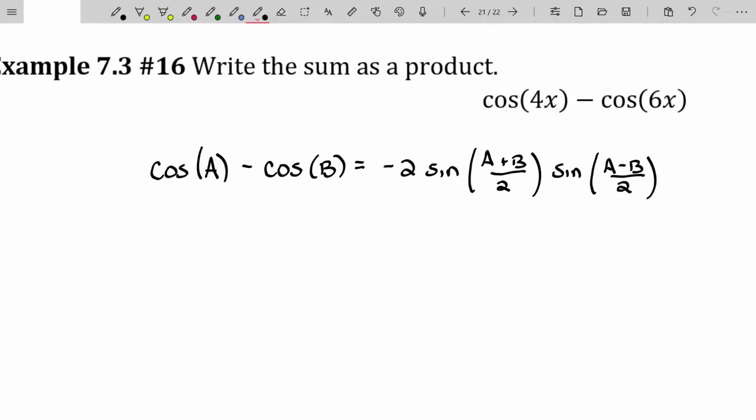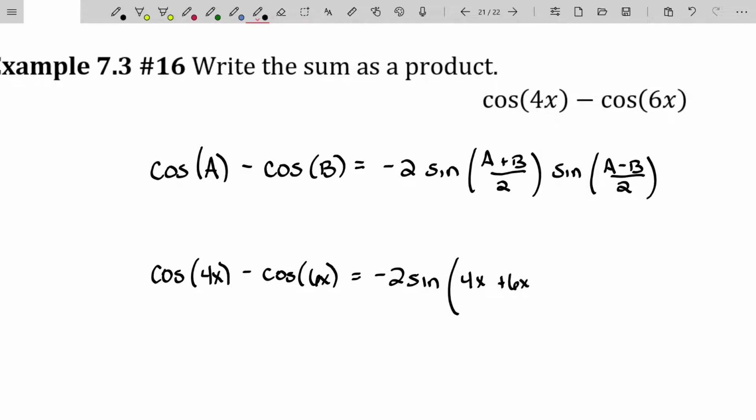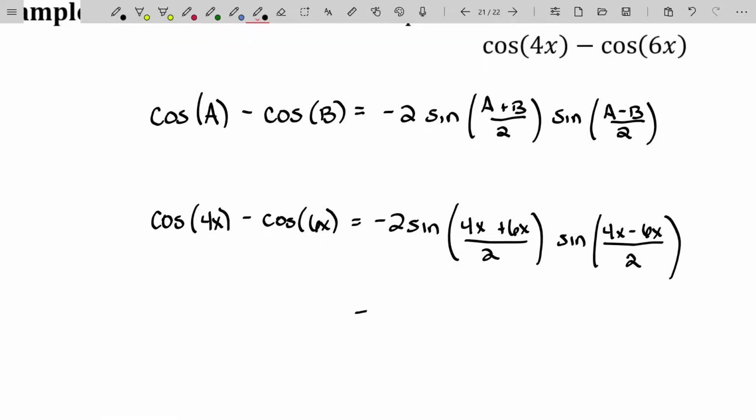In this case, we have the cosine of 4x minus the cosine of 6x, and that will equal a negative 2 sine of 4x plus 6x over 2, times the sine of 4x minus 6x over 2. So you can just see it's another plug and chug style problem. And then simplify this out.